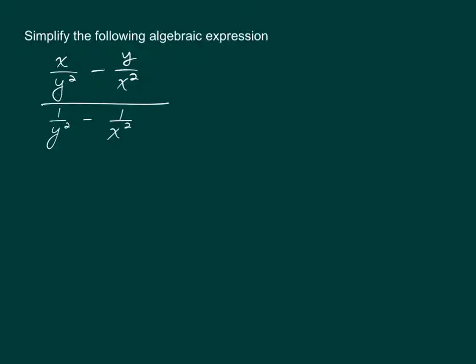So let's find the LCD of all of those little fractions, and it ends up being x squared, y squared. Once you have this LCD, what you will do is multiply the top and bottom of the big fraction by x squared, y squared.